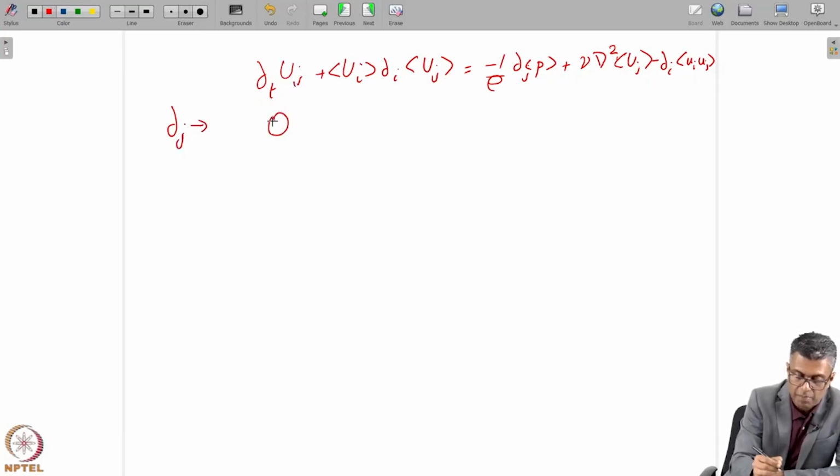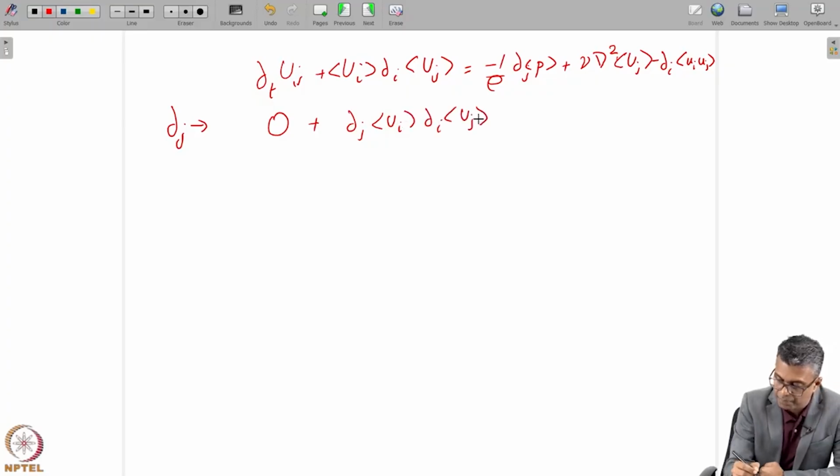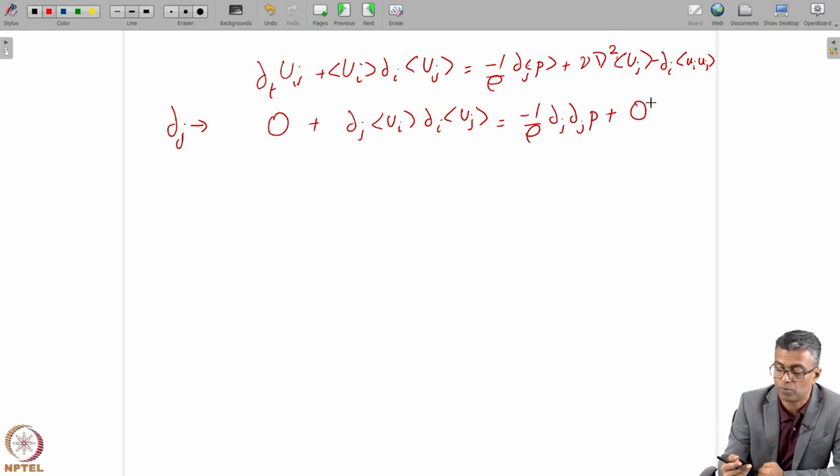The first term ends up becoming 0 because I am taking del_j Uj. Plus the second term, what I'll end up having is del_j Ui del_i Uj, and then for pressure I'll end up having minus 1 over rho del_j P. The viscous term becomes 0 because I'll again have a del_j Uj.